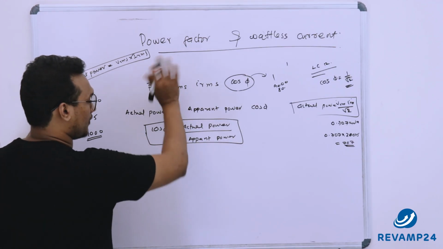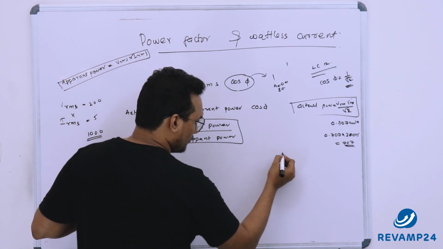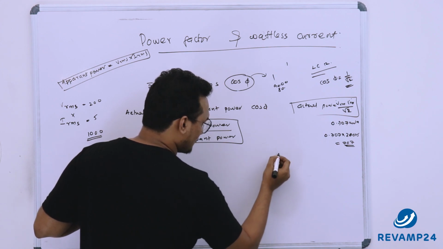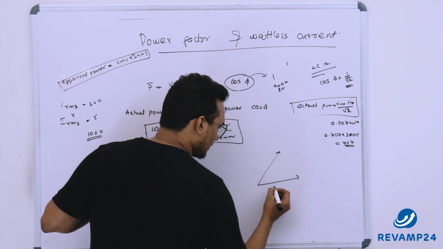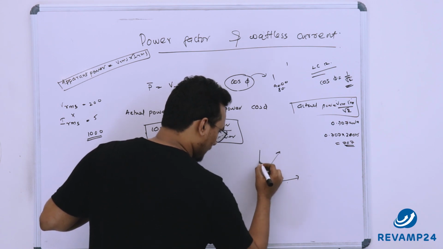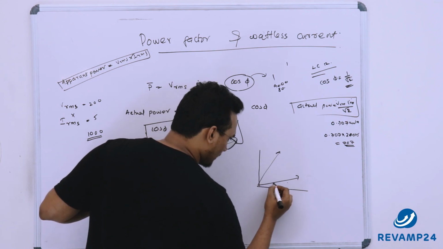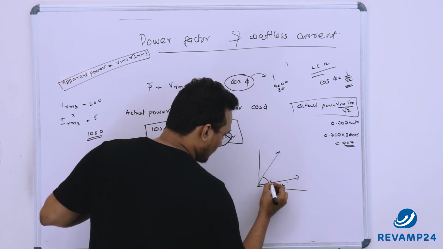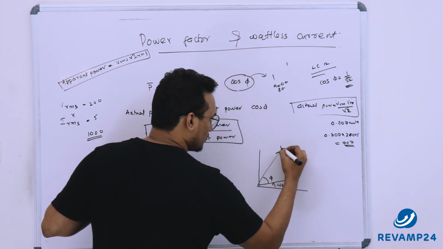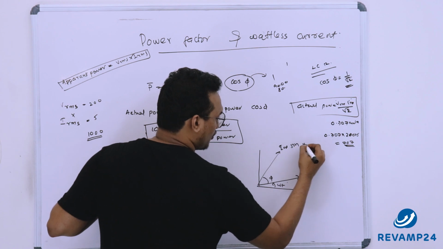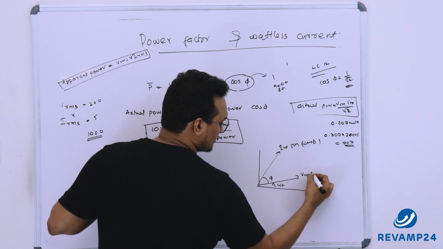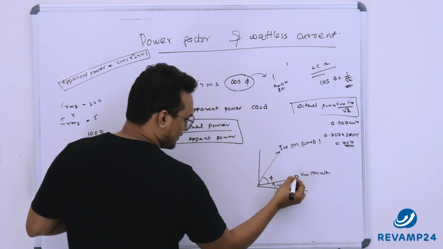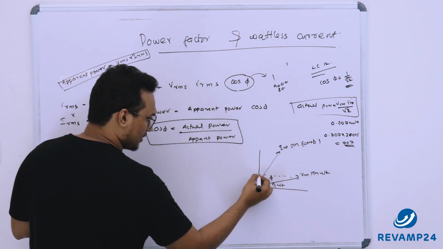Now, power factor. We know that phi is the angle between voltage and current in the phasor diagram. The voltage is making angle omega t, and this is phi. So this is Im sin(omega t plus phi), and this is Vm sin omega t. Its y projection would be Vm sin omega t.